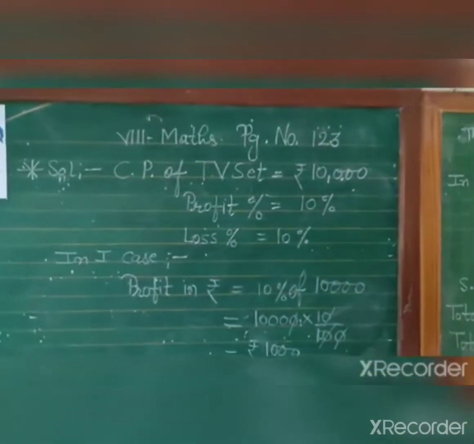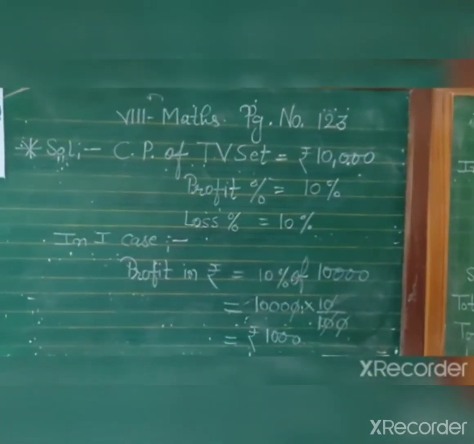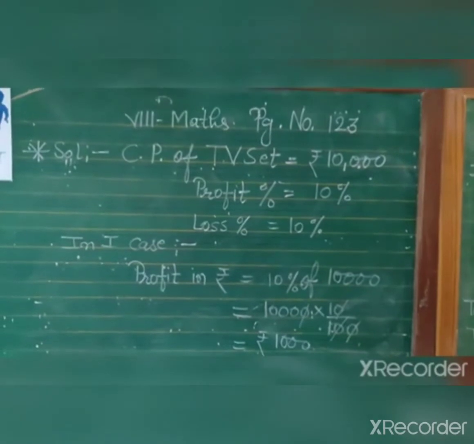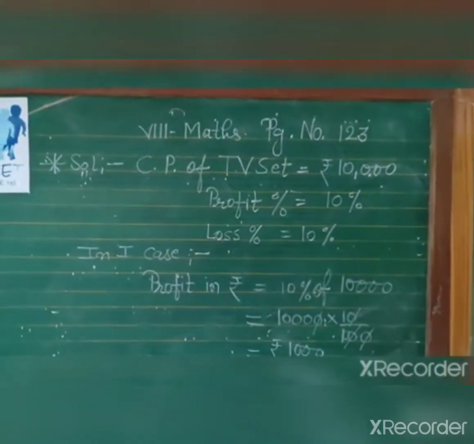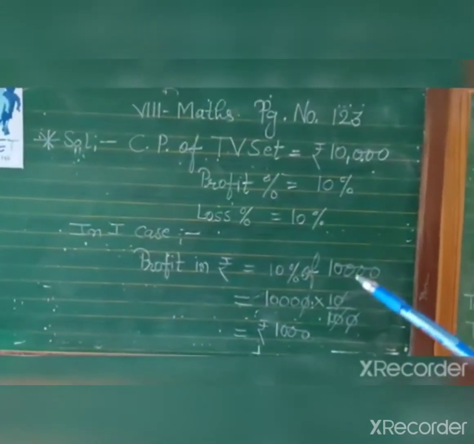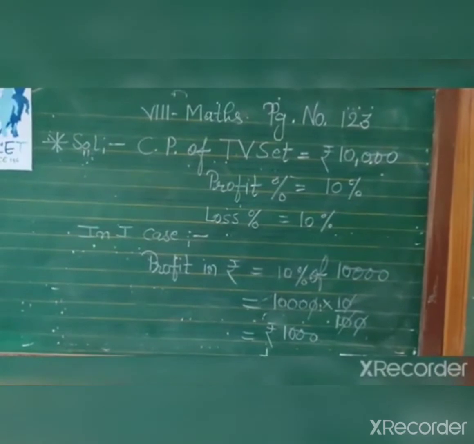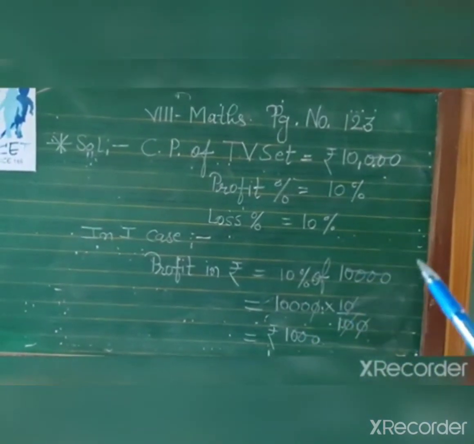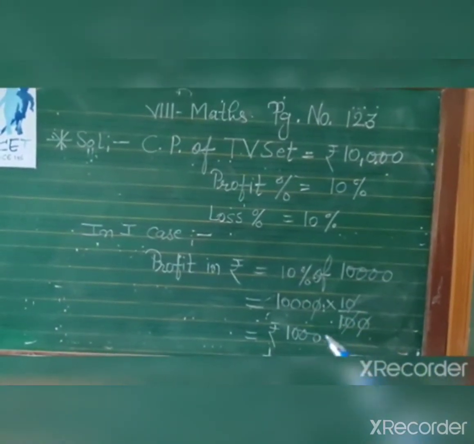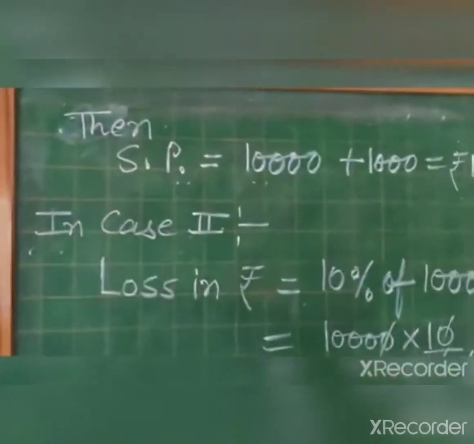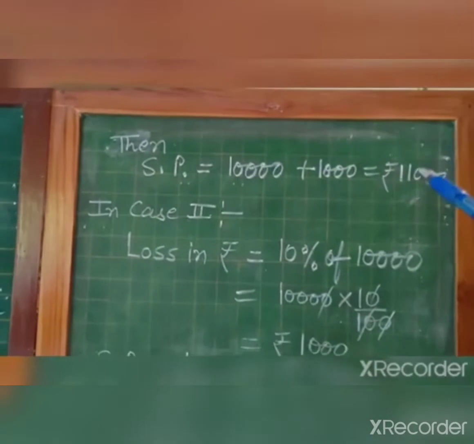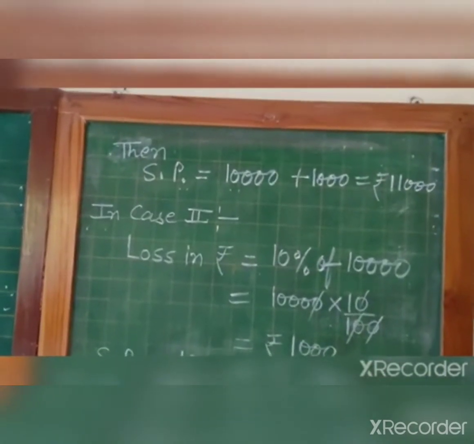It's clear. Now in the first case, the given profit percentage is 10%. In the second case, the loss percentage is 10%. In the first case, we first calculate profit in rupees: 10% of 10,000, that means 10,000 into 10 upon 100, so 1,000. Then SP in the first case will be CP plus profit, so rupees 11,000.